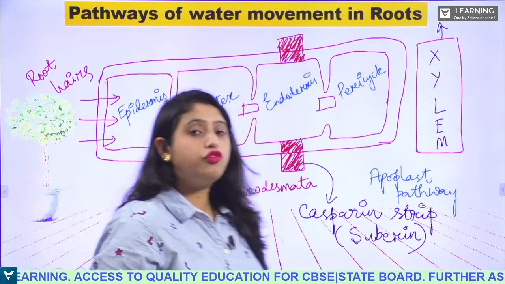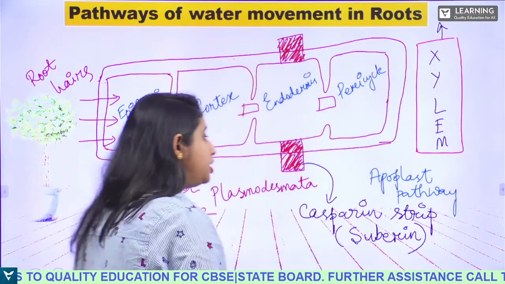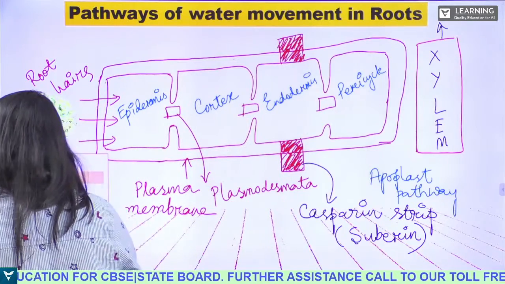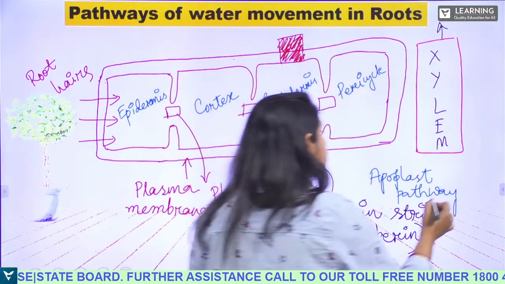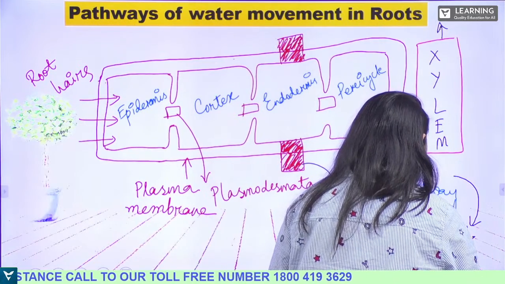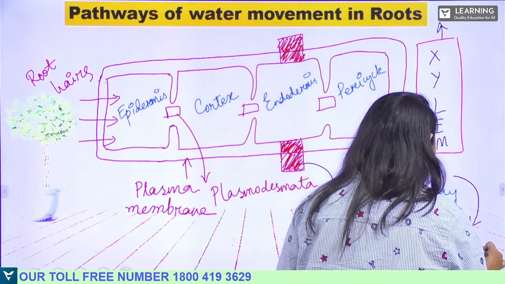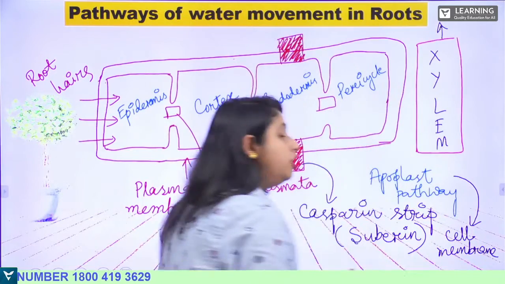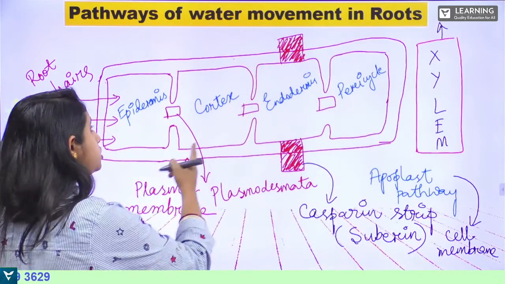So in the Apoplast pathway, as you know, the molecules move through the cell membrane, not through the cytoplasm.